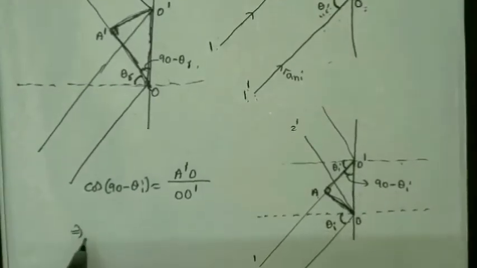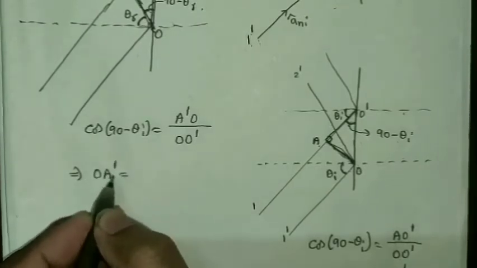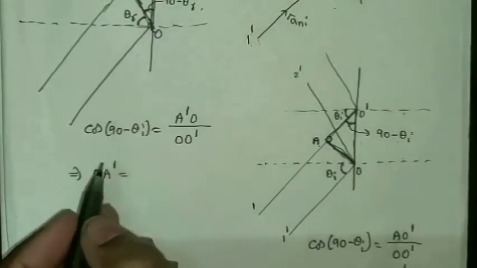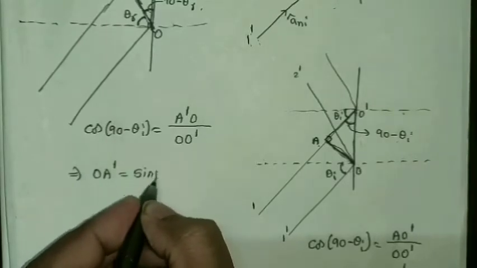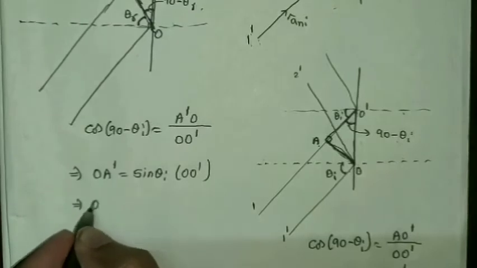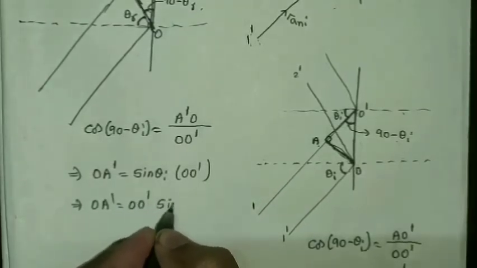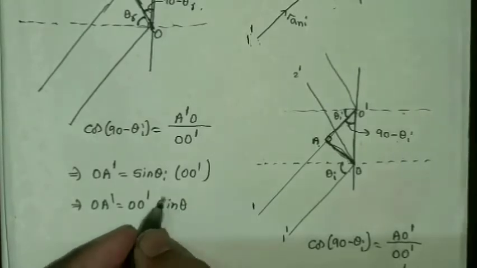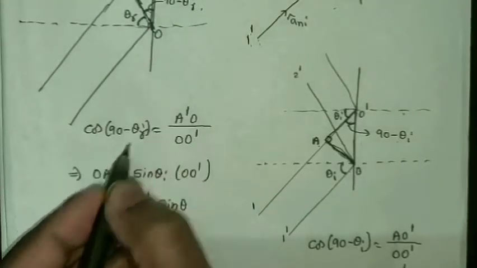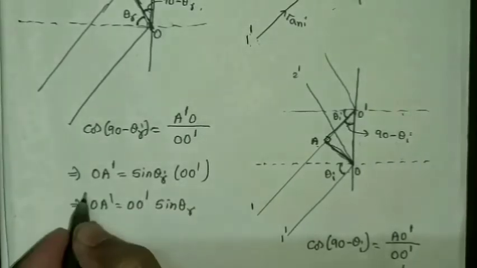From this, we conclude that OA dash, by cross multiplication, with cos 90 minus theta I being sin theta I, equals OO dash into sin. What should it be? Not theta I, this is theta R. This should be theta R.